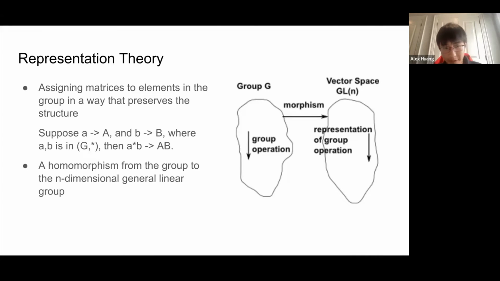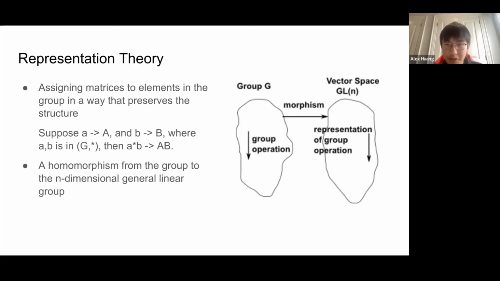For example, if you assign matrix A to element small a in G, and matrix B to the element small b in G, then if you do a star small b, this element will map to the product of matrix A times matrix B. In that way, you preserve some of the structure of this group in a kind of linear system.